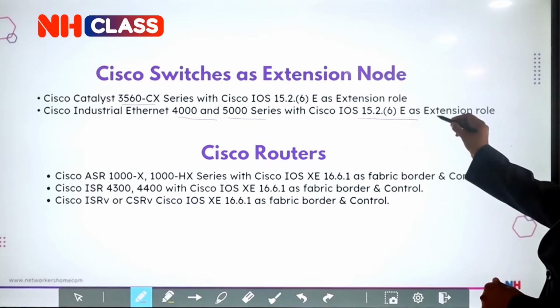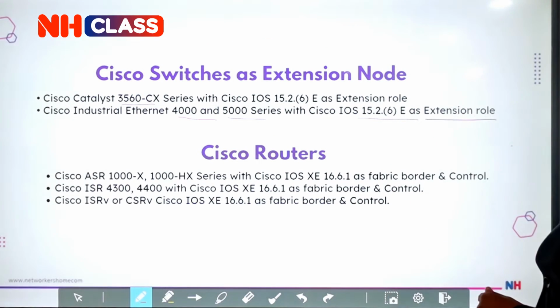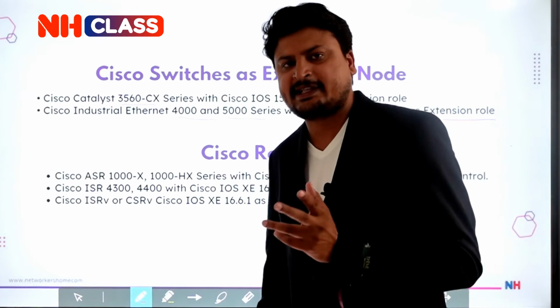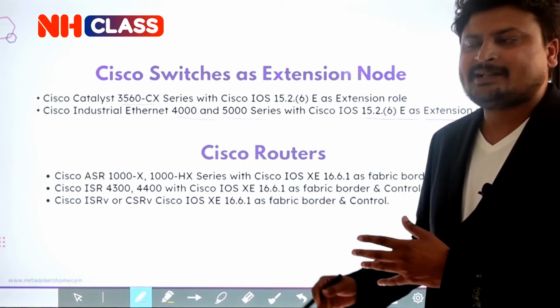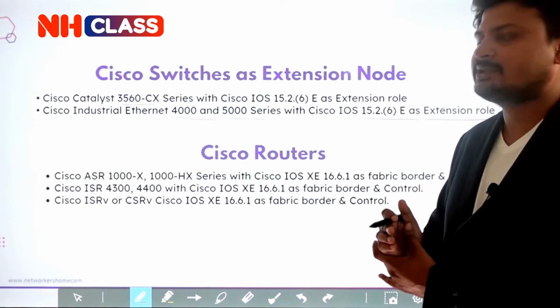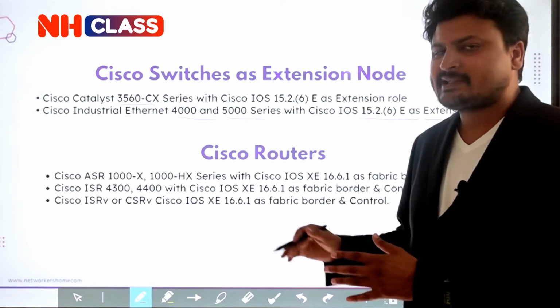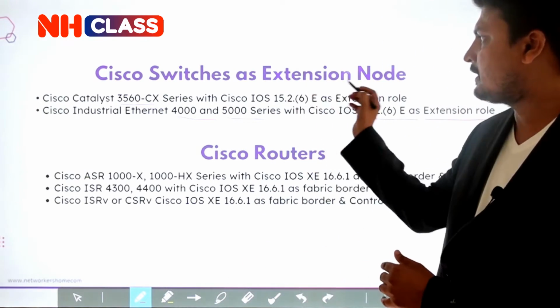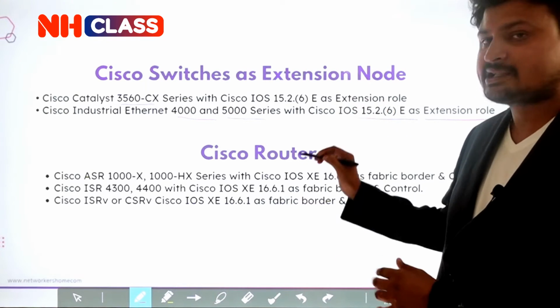These can be used as an extension node. I believe you understood that an extension node is a device that does not directly support your DNAC. This type of device can also be integrated with the DNAC by using automation. So these are examples of extension nodes.